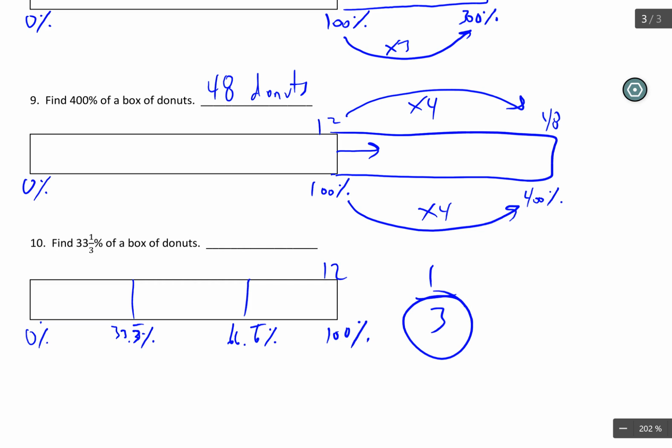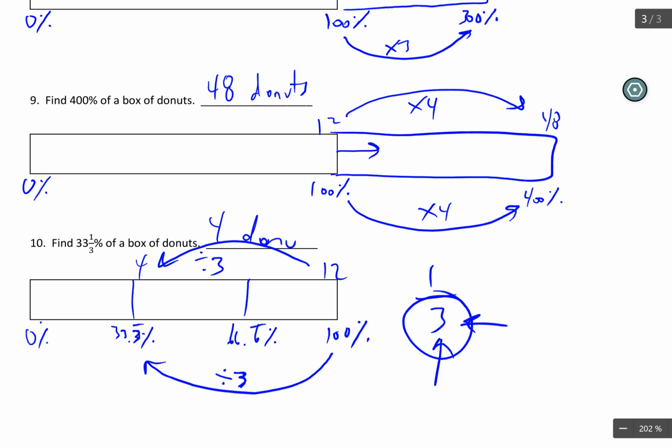This is 12. I need to get to there. I'm going to divide by 3, dividing because it's decreasing. 12 divided by 3 gives me 4, so my answer is 4 donuts.